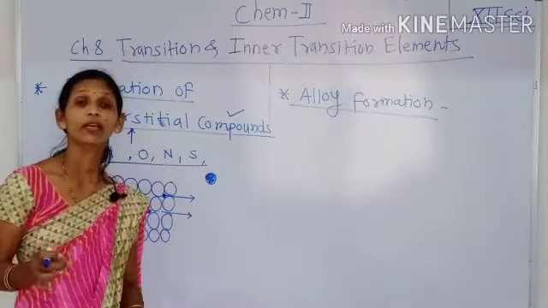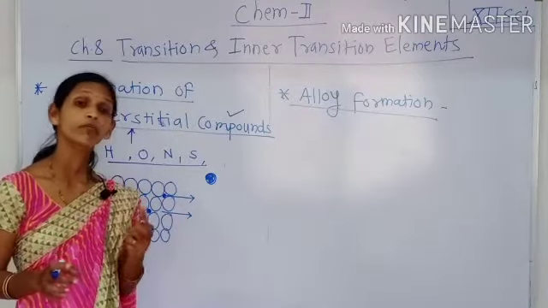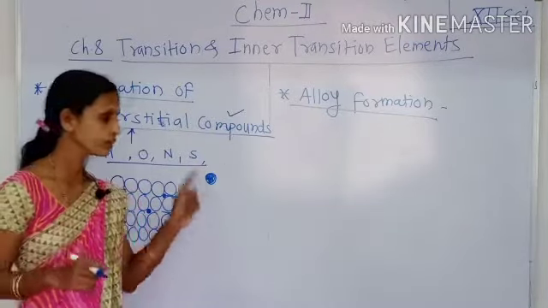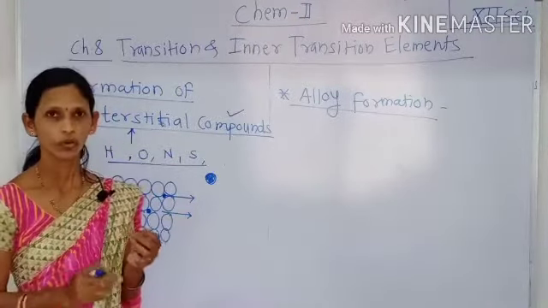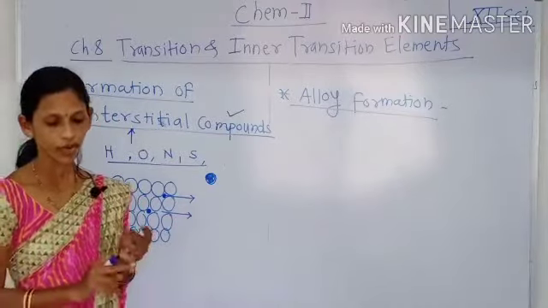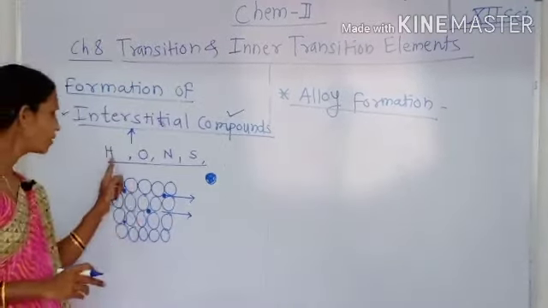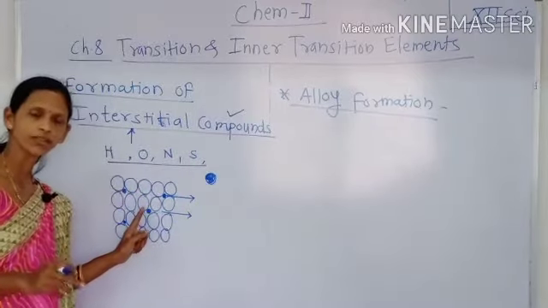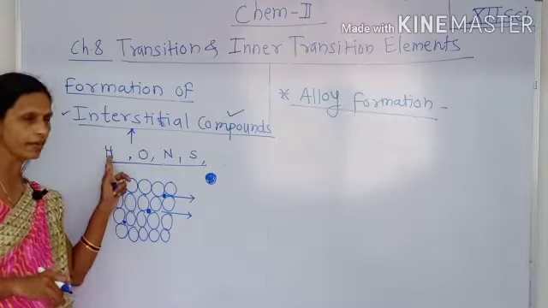Metallic or transition elements have the ability to form a large number of interstitial compounds. They can form hydride, sulfide, carbide or oxide compounds. When hydrogen gets trapped into the lattice structure of a metal, the interstitial compound formed is a hydride.